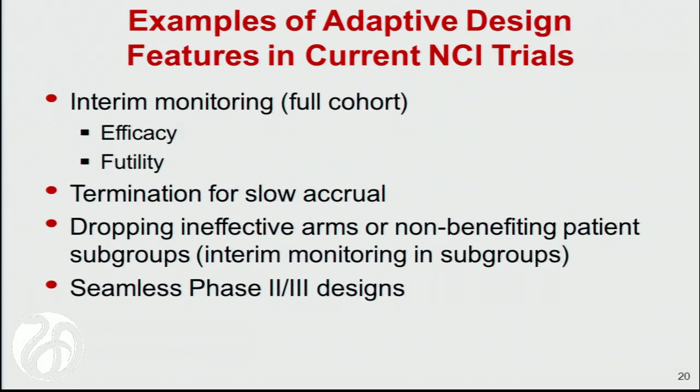We have early slow accrual guidelines in place now. That is really another way of doing an adaptive design, based on feasibility. And we can drop ineffective arms or non-benefiting patient subgroups. This can all be handled statistically. You just have to decide how you want to do it. It has to be pre-specified in the analysis plan.